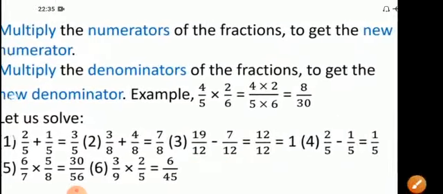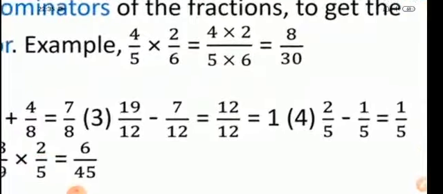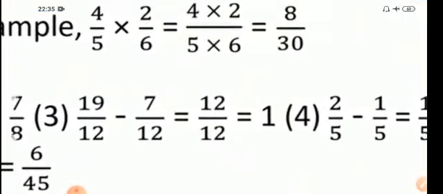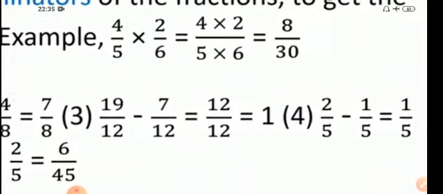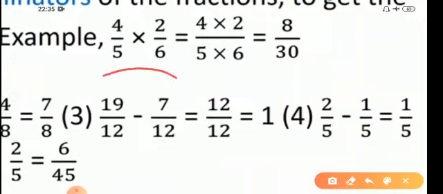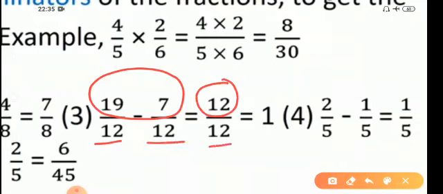Now in this question we will subtract these two numbers, 19 upon 12 and 7 upon 12. In the same way we have to subtract 19 minus 7, we will get 12, and these two denominators are the same, so we will write only 12 here.